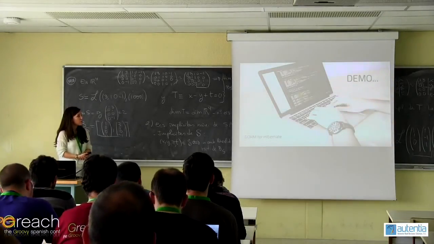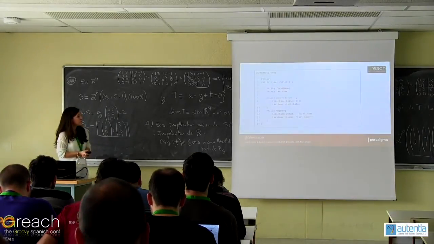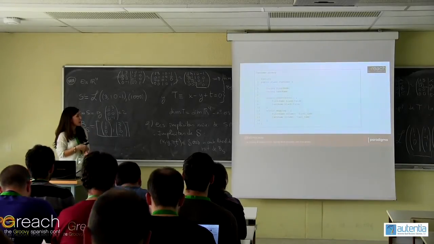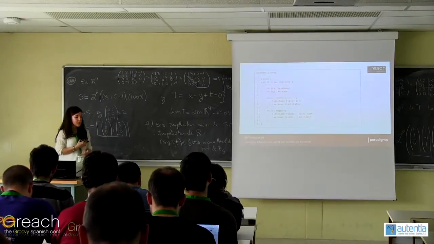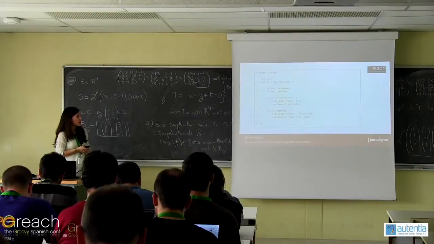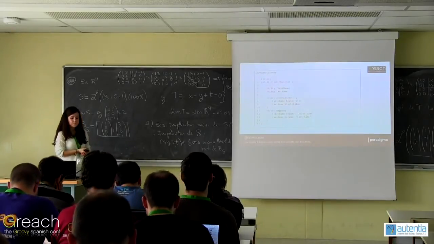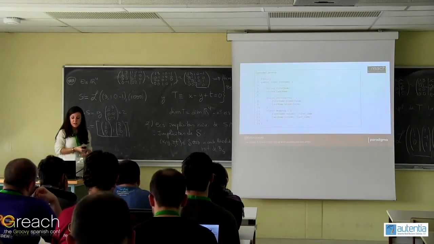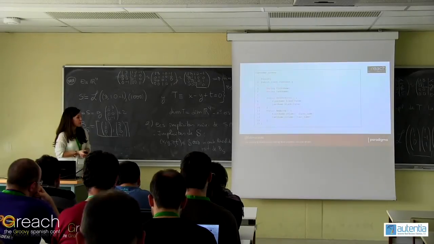We are going to see an example. Here we have an entity implemented with Groovy and with GORM. The annotation @Entity indicates that we are using GORM, and we can specify some constraints easily, as you can see, and also we can specify mapping options.